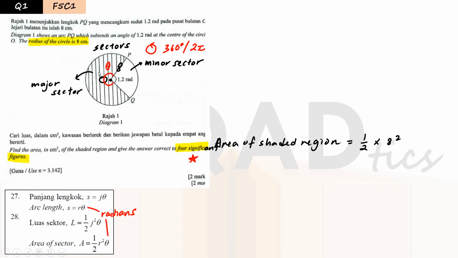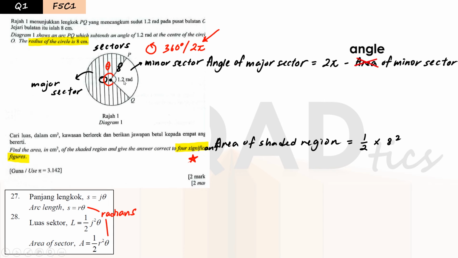Okay, so coming back here to find the theta, we need to use the radian format, which is 2 pi minus 1.2 radians. Let's write out our working here. The angle of the major sector would be 2 pi minus the angle of the minor sector, which we know is 1.2.